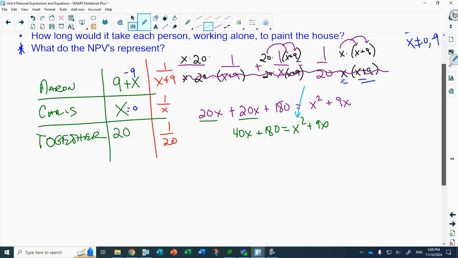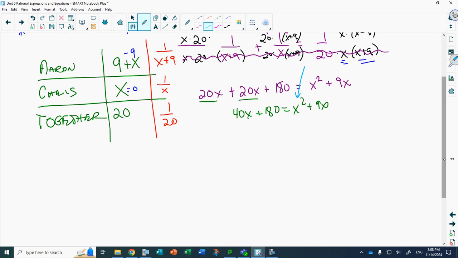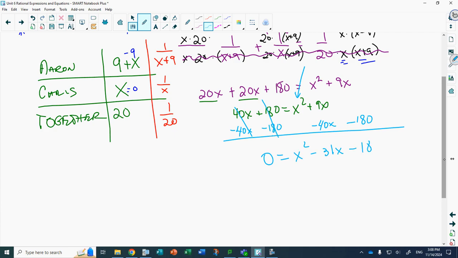So I'm going to move everything over to the other side. I'm going to subtract 40x from this side, and I'm going to subtract the 180 from here as well. So look what we get. These guys cancel out, getting us a 0. This is going to be x squared, this is going to be minus 31x minus 180. Oh my goodness gracious.